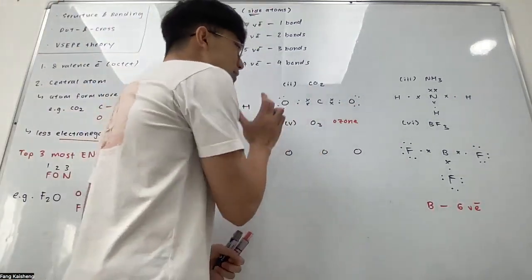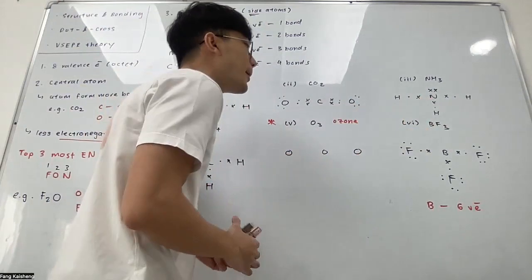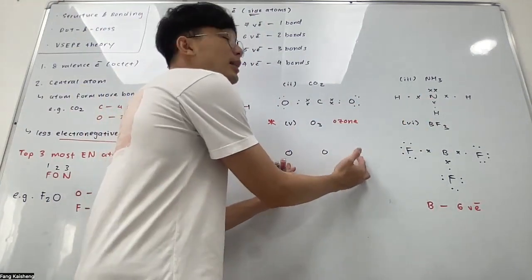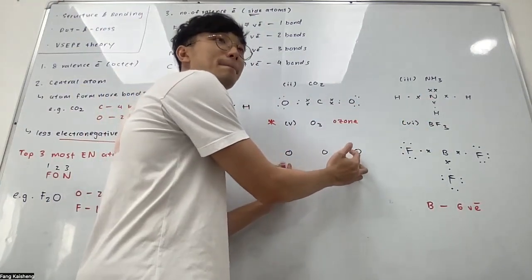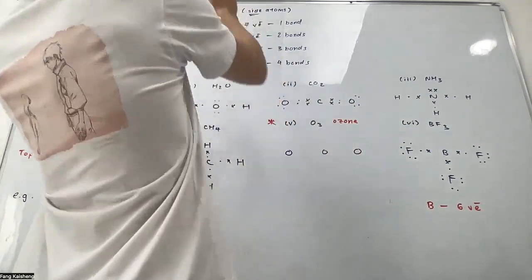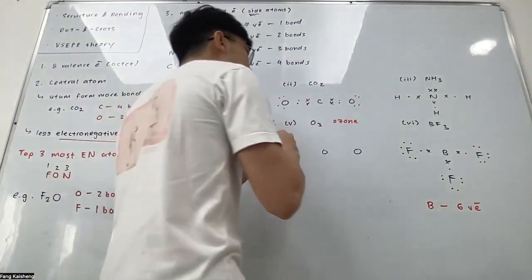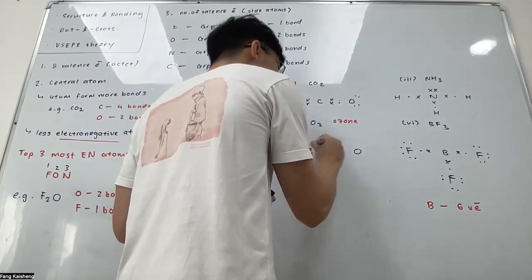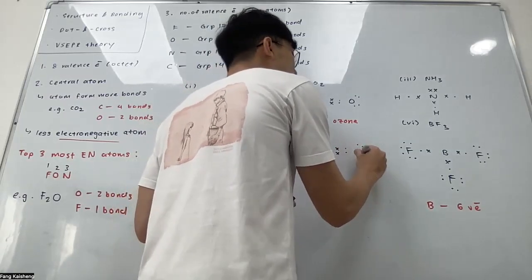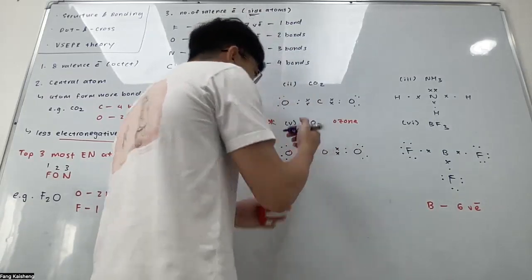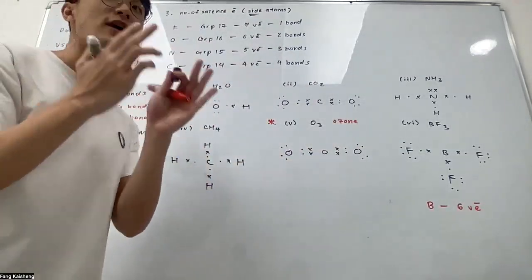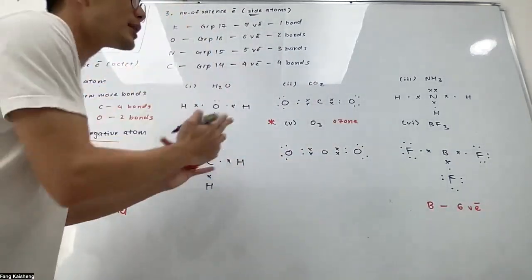Now, oxygen is in the center, obviously, because who else? Guys, can I ask you all, the side atoms, how many bonds can each of them form? As far as I know, 2 bonds, right? Now 2 bonds, let's just stick to it. Let's just draw a double bond for each, and let's just fill all the valence electrons on the side atoms. So as of now, all the side atoms have 8 valence electrons. And you look at the central atom.